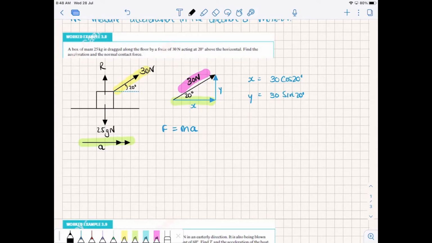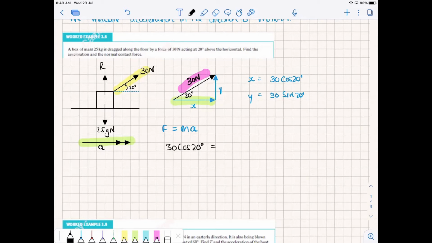We have to look at the direction that it's acting in. It's acting in the direction of acceleration, so it's going to be a positive number. And so our force is going to be 30 cos 20 degrees. This is going to be equal to the mass times acceleration.